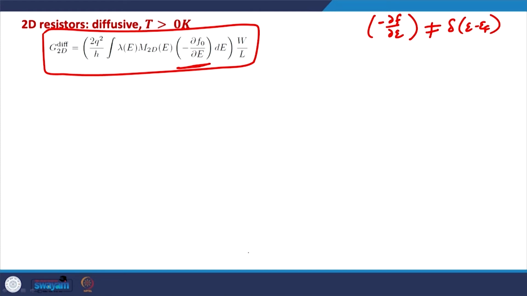But as we have seen, with some mathematical tricks we can manage these calculations as well, particularly in the case of non-degenerate semiconductors, because in that case most of the electrons are close to the bottom of the conduction band.